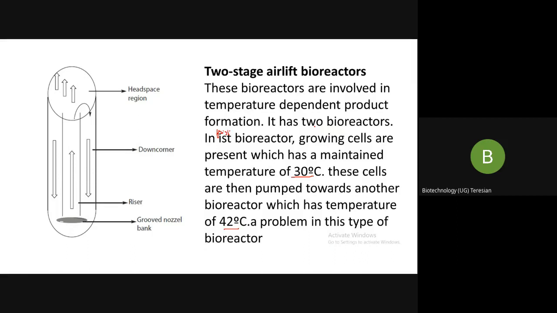That is why we are using two different bioreactors. The only drawback of this type of bioreactor is the change in temperature.